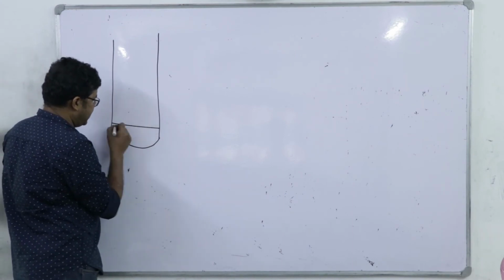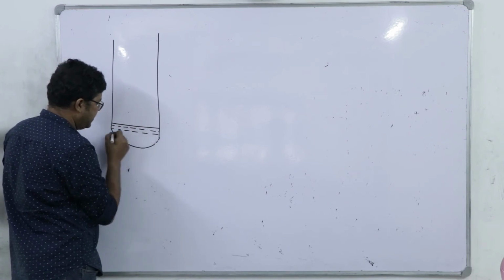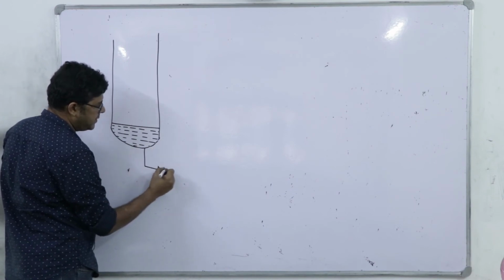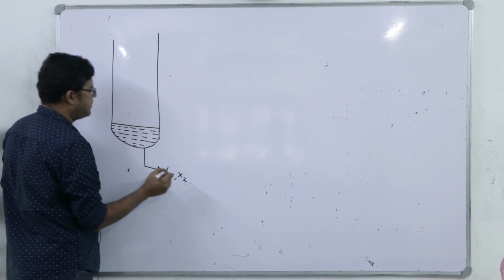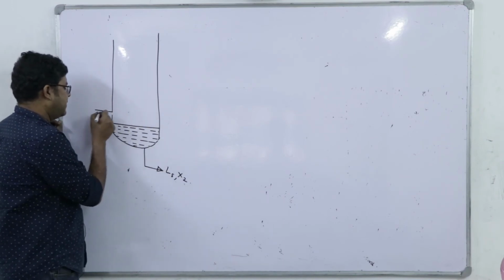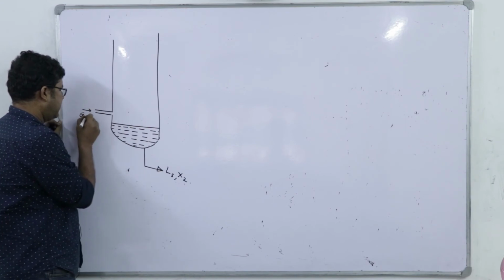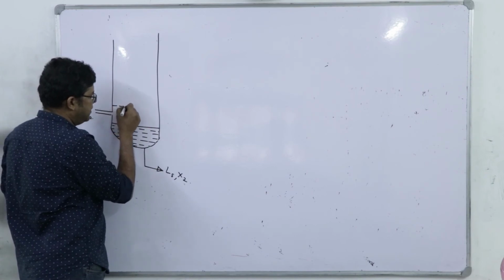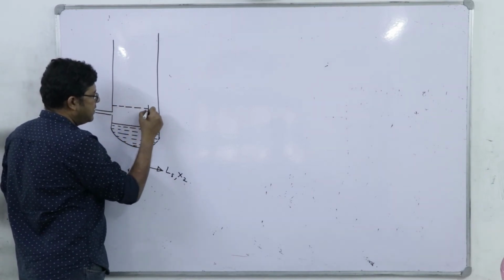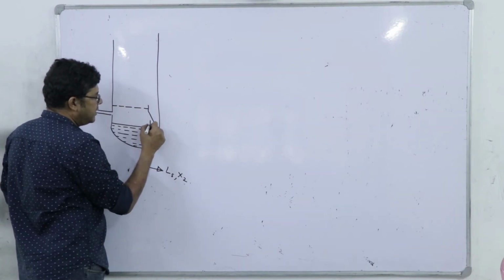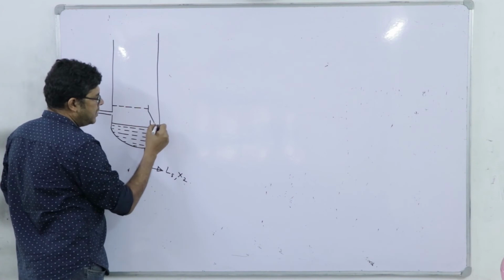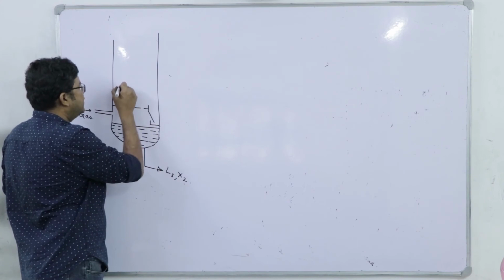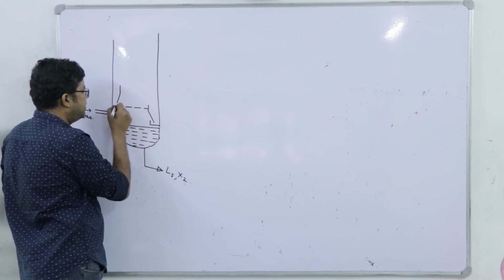So here we have the liquid accumulated at the end. We withdraw the liquid as Ls and X2. Here we charge the gas, and let us say it is a typical representation, it does not mean it is a sieve tray. This is a downcomer, and here we have something called the bottom seal. So this downcomer will be on this side.